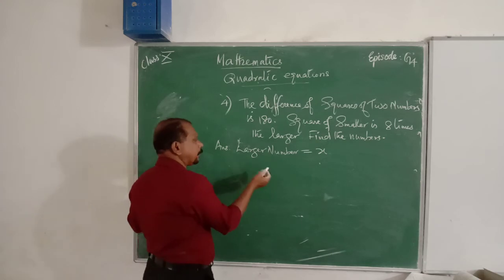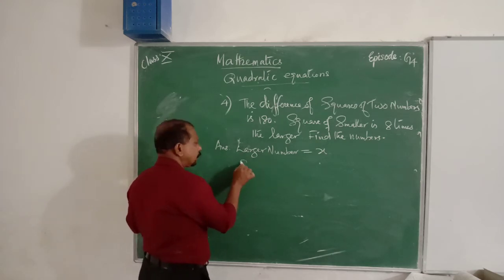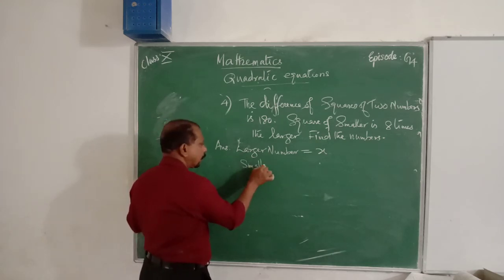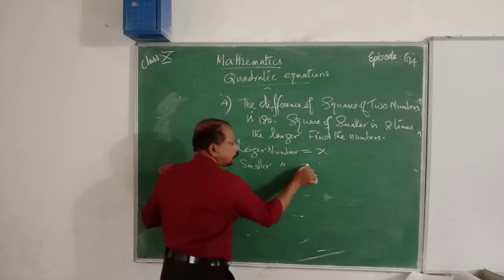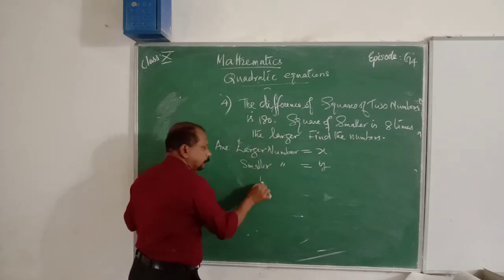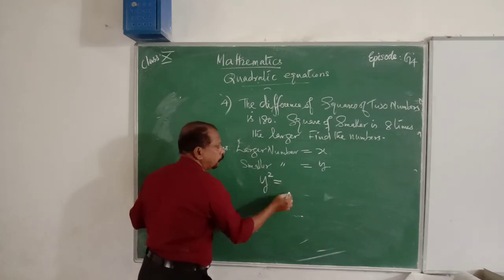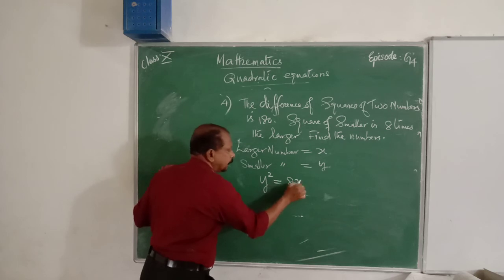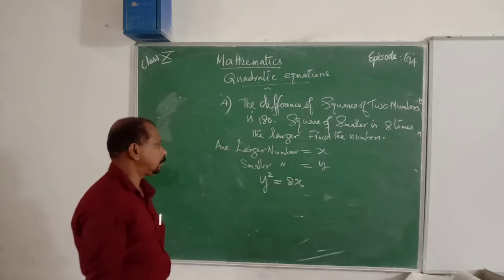The smaller number is based on the larger number. So, answer: the larger number is equal to x. The smaller number, let us assume, is y. Square of the smaller, that is y square, is 8 times x. Now, that is 8x.